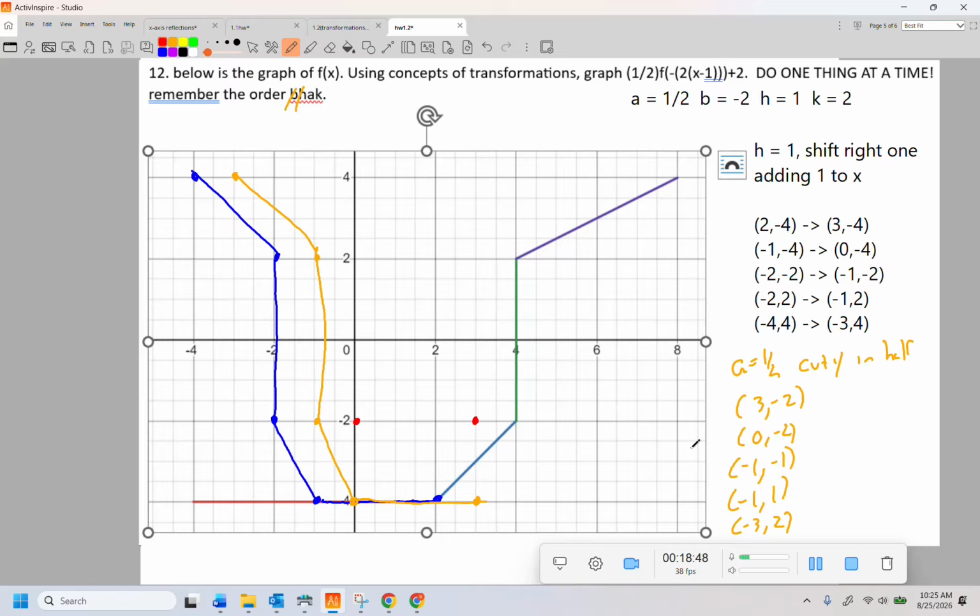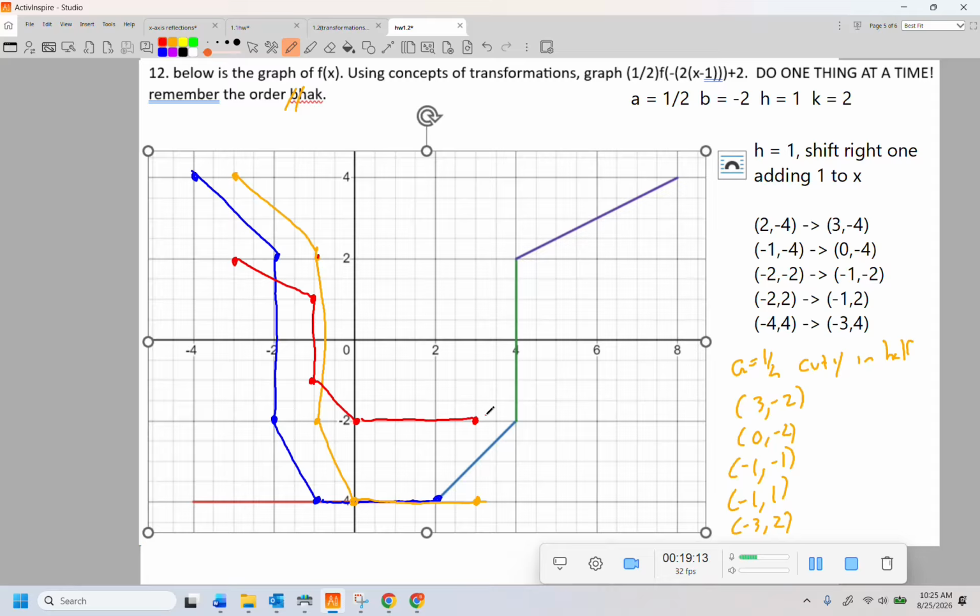Lost my place. Sorry, kids. (-1, -1): back 1, fall 1. Be right there. (-1, 1). And then (-3, 2). Those lines should be touching each other. I didn't do a good job on the yellow line. Sorry.